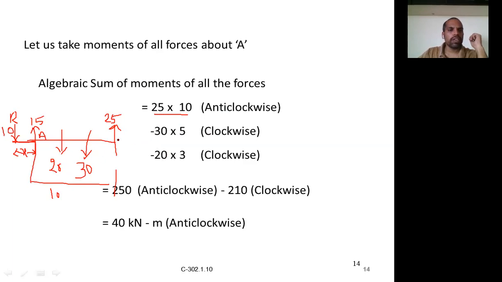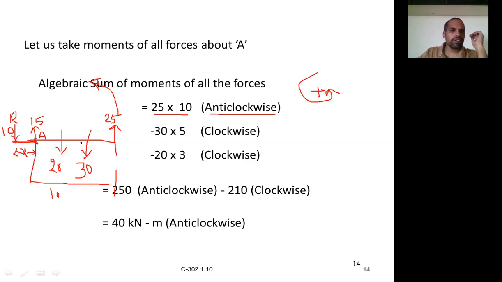Now let us see the sign also. About this point, this force is creating an anti-clockwise moment. Let us take anti-clockwise moment as positive. That's why it is a plus sign.